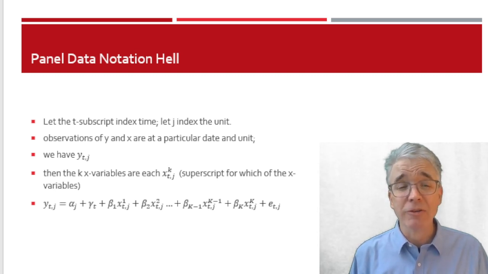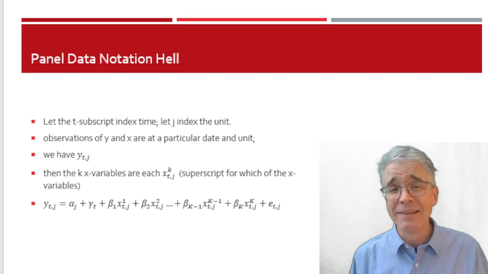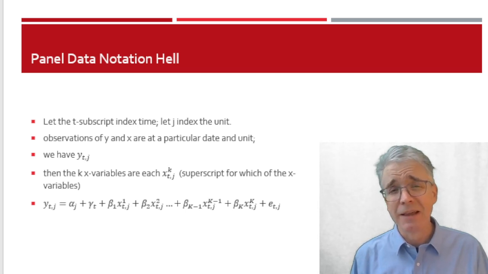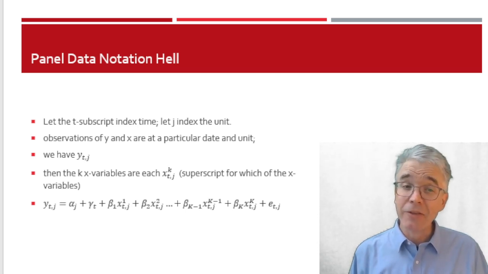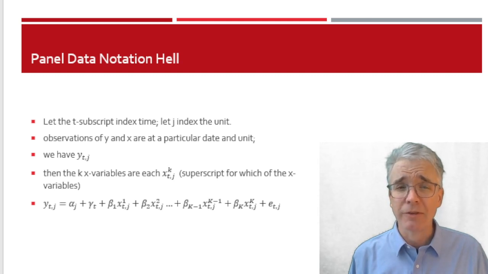Every observation of X and Y is at a particular date and unit, so we have Y_{T,J}, which is the output of a particular unit J at a time T. And then there are the K different X variables. We'll put K as a superscript, which is not a squared term, a different index. There are multiple X variables.